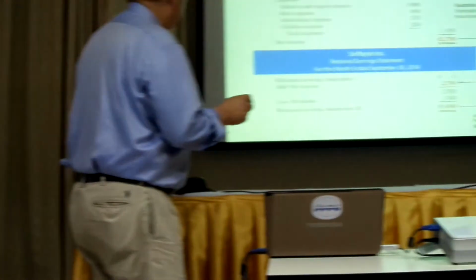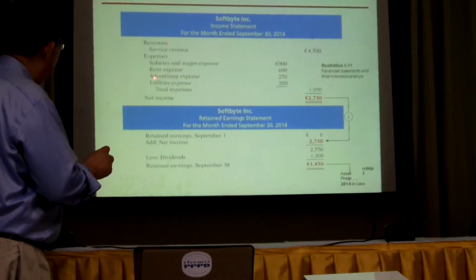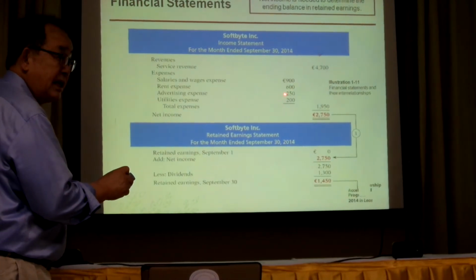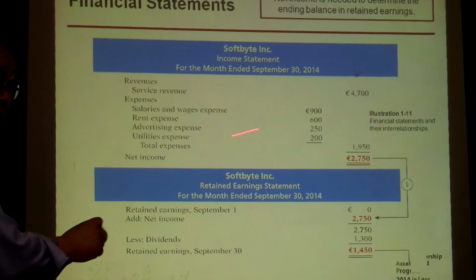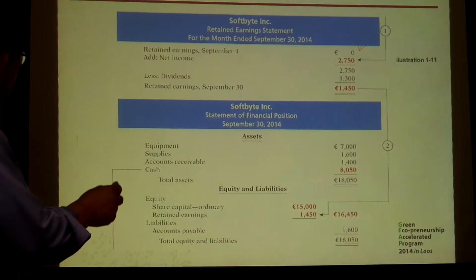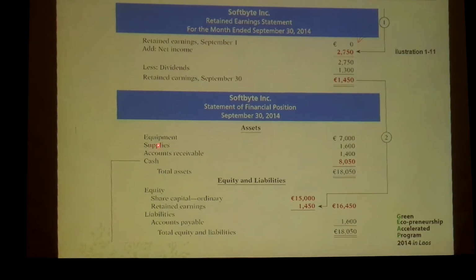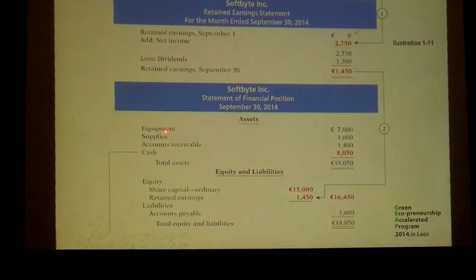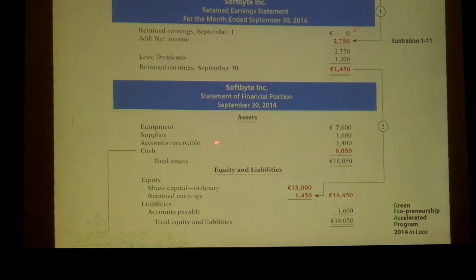On the income statement, there will be depreciation expense 10,000 under the expenses. Then under the balance sheet, under the equipment, less accumulated depreciation.